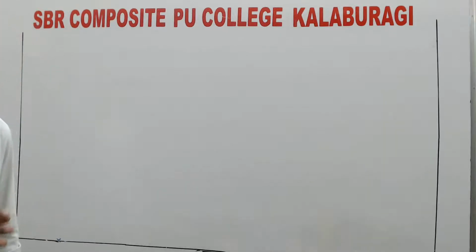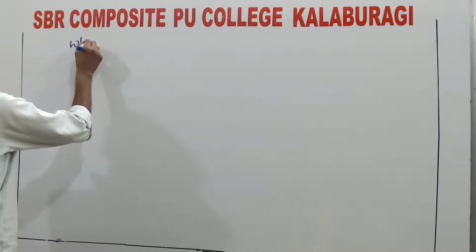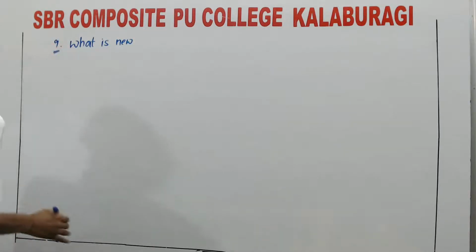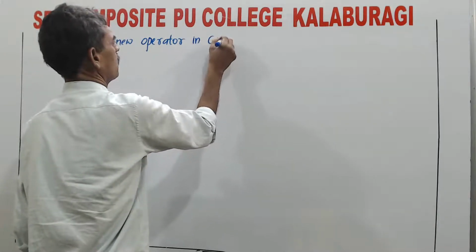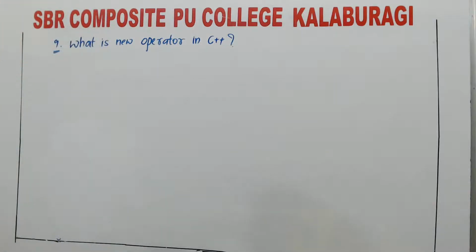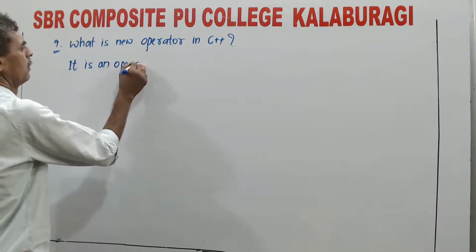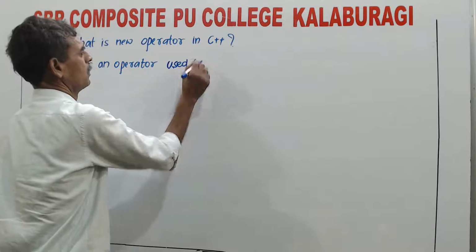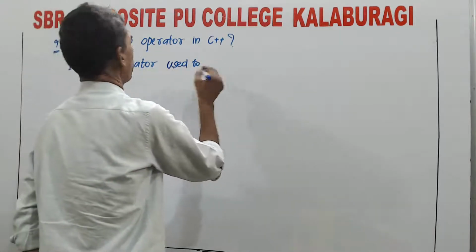What is new operator in C++? New operator is used to allocate memory during the runtime. Okay. What is new operator in C++? Question 9.